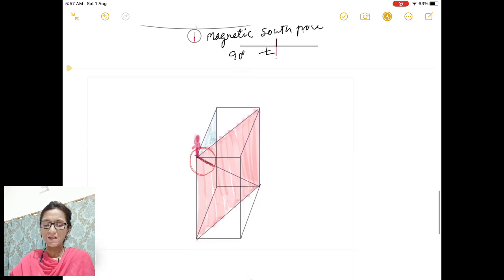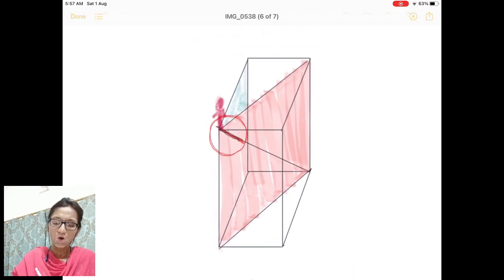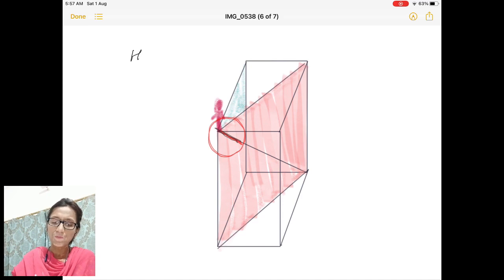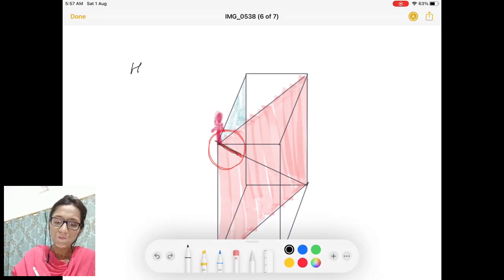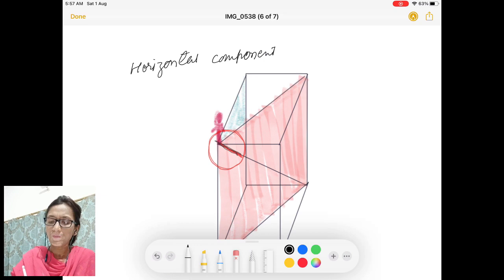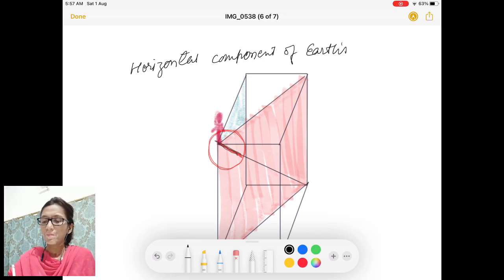Now we have the third element of Earth's magnetism, the horizontal component of Earth's magnetism.